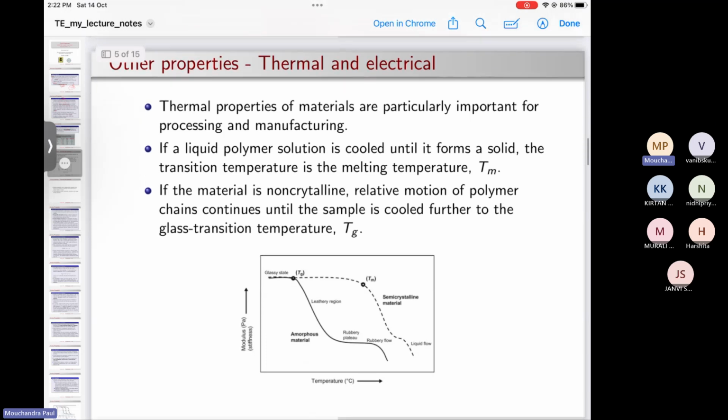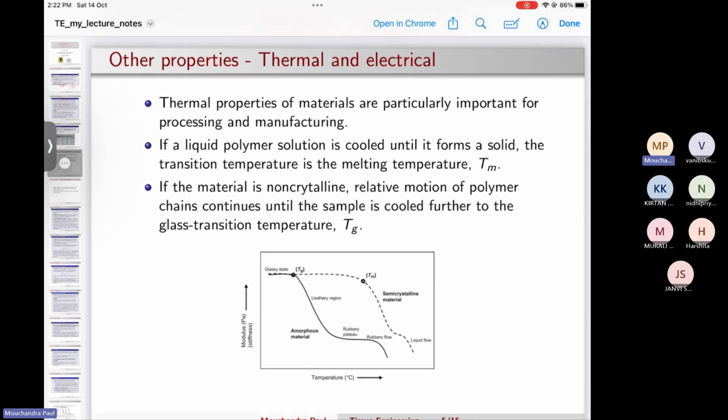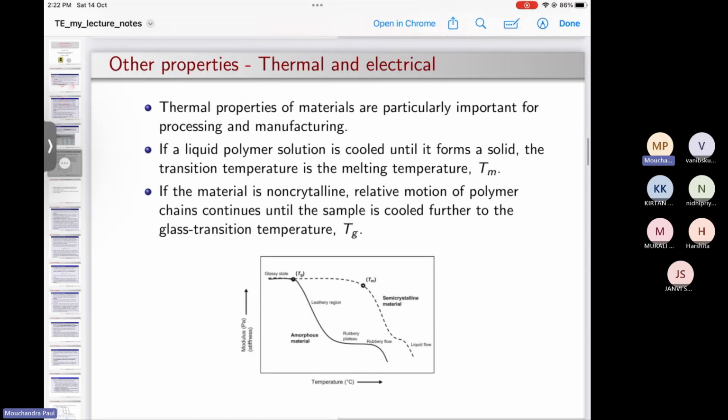And apart from the mechanical properties I just discussed, we also measure the thermal and electrical properties of biomaterials. In thermal properties, we basically see the Tg, the glass transition temperature, and the melting temperature of a material. And what kind of material do we generally see this for?